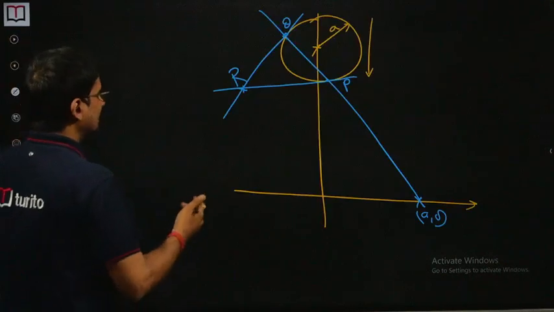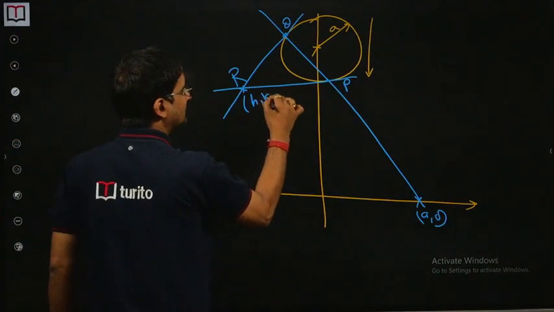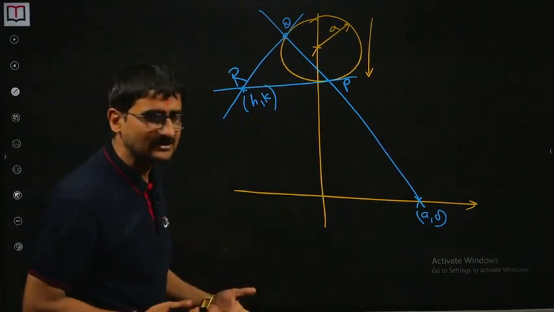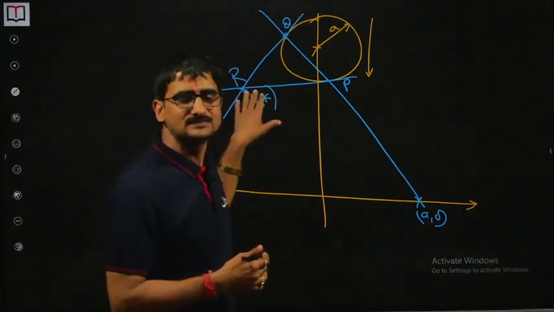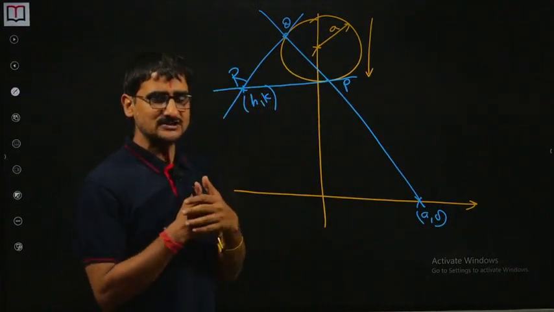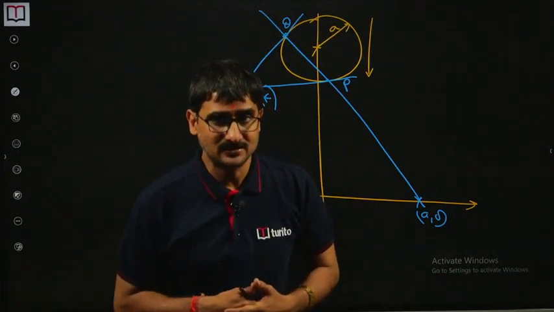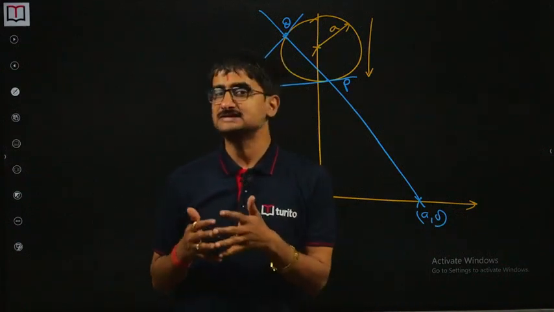So of course this is a variable point here for me, which is varying, as the circle slides down, this point is going to change. So we have to just find the region in which h comma k lie, the region which h and k satisfy.